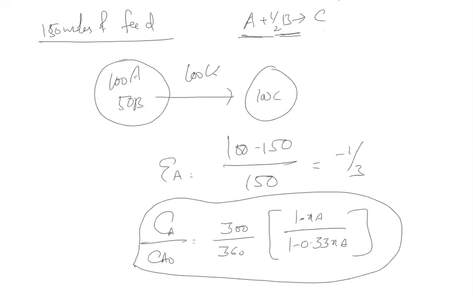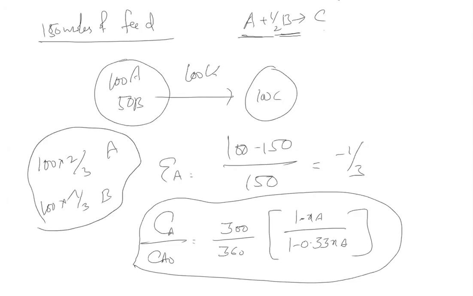That is where you will get some confusion. If you take 100, then you have to split it: 100 into 2 by 3 will be A, 100 into 1 by 3 will be B. This is how you have to split. That will be numbers now. That is why, for simplicity, I have taken this one.